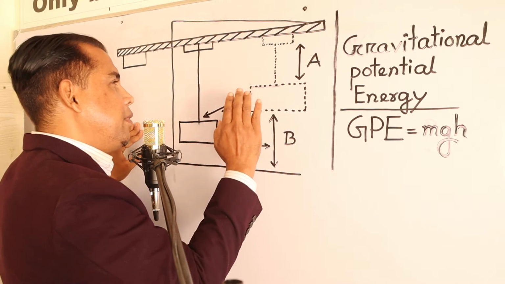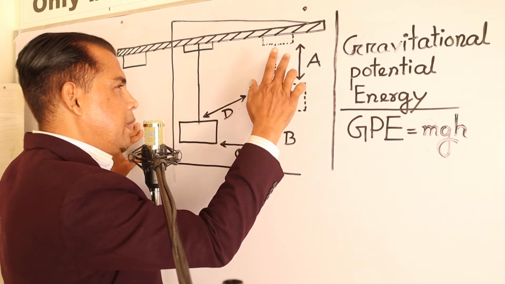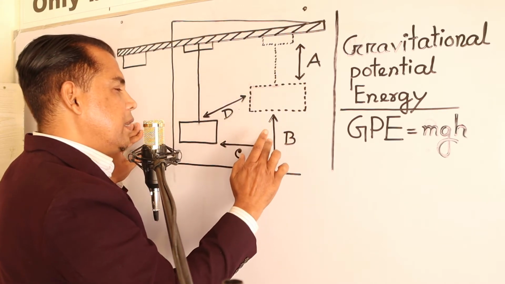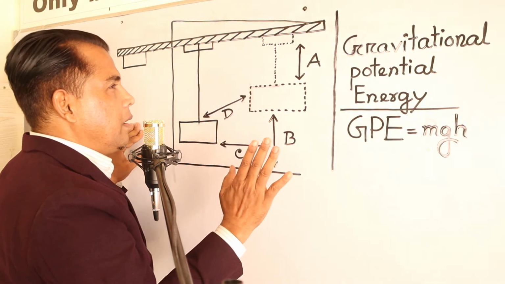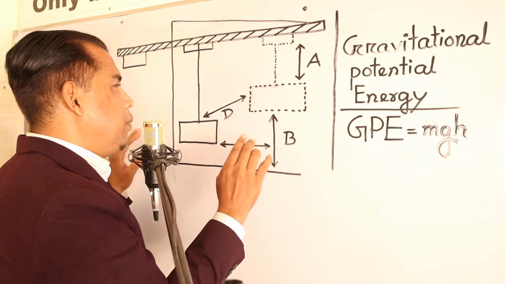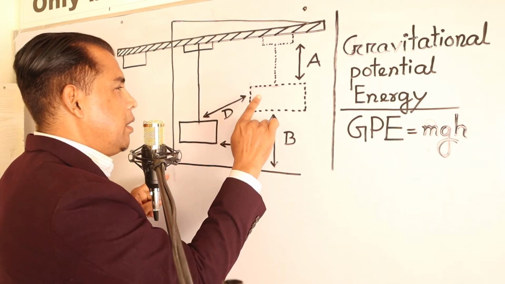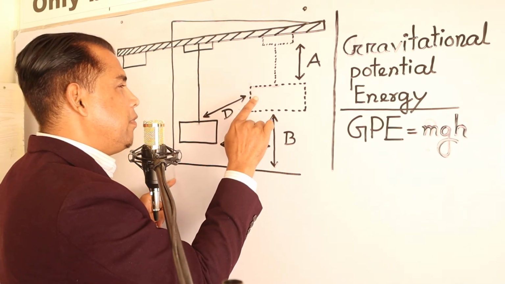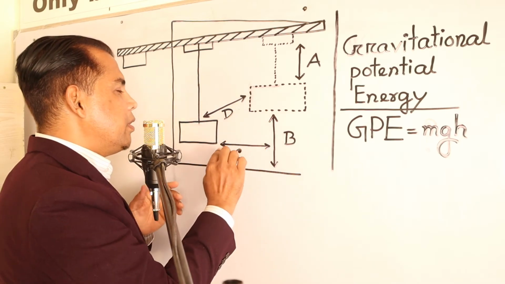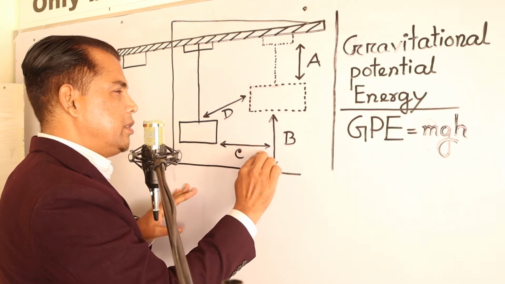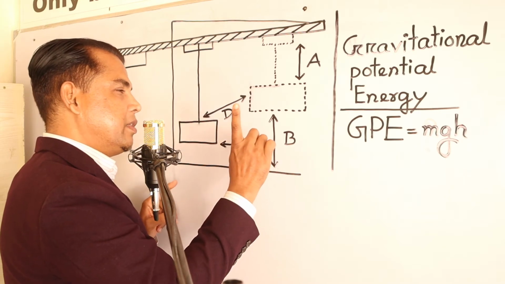This picture is a bit confusing because there are four distances: this is one distance, this is another, here you are watching A, B, C, D. My question is which distance will be needed for calculating GPE? Obviously, not the horizontal distance. GPE is not related to the horizontal distance.